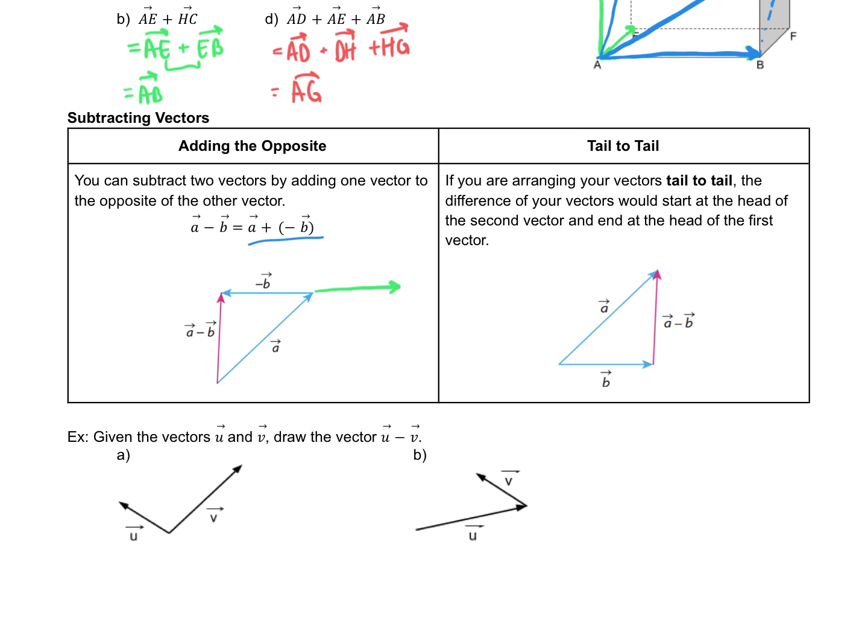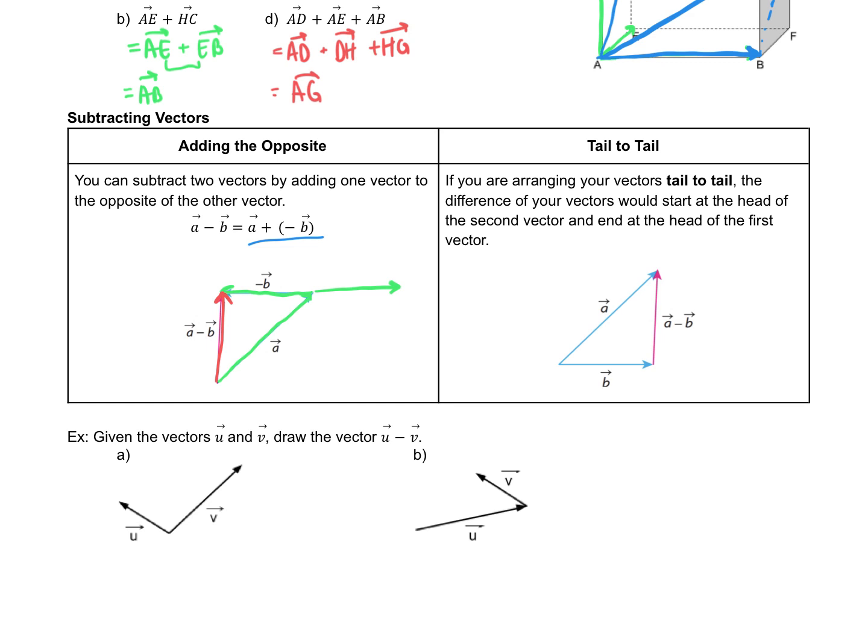Instead of doing A plus B, I can take the opposite vector of B, which is now this one here, and I'm doing A plus this opposite vector. And these vectors are lined up head to tail, so here is my resultant vector. So I can think about it as addition with an opposite vector.